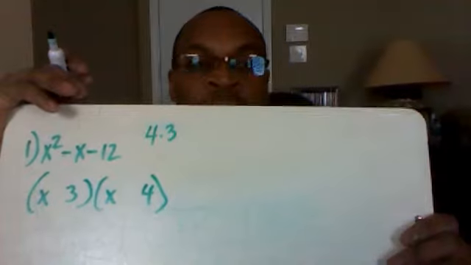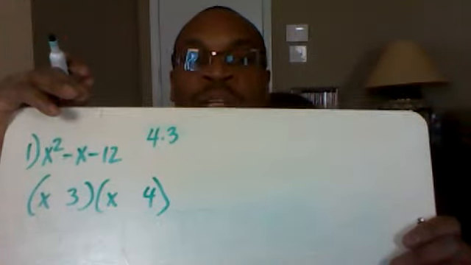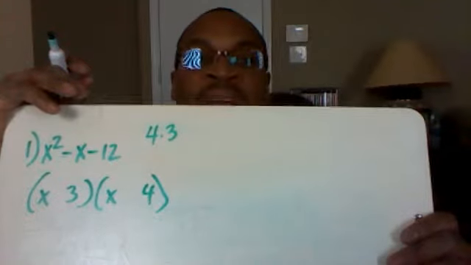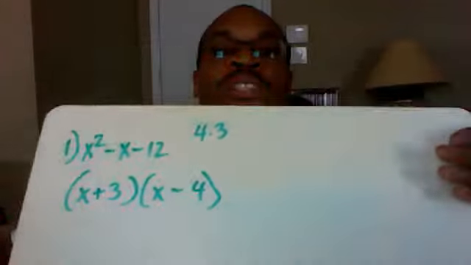So you know one has to be positive, one has to be negative. The only way you can possibly get a negative 1 is by having the bigger number be negative. So that lets me know the bigger number must be negative, the smaller number must be positive. And the reason you know that is because negative 4 plus 3 gives you negative 1.